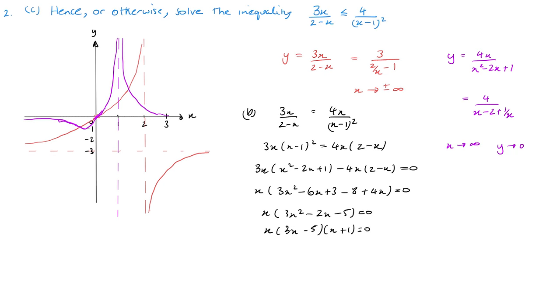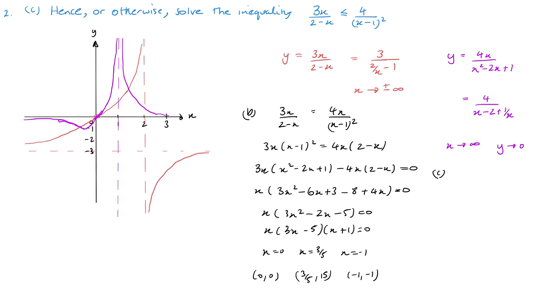So 1, 2 and 3. They are at x equals 0, x equals 5/3, and x equals -1. So the coordinates are 0, 0, 5/3 and 15, and -1, -1. So let's move on to part C.